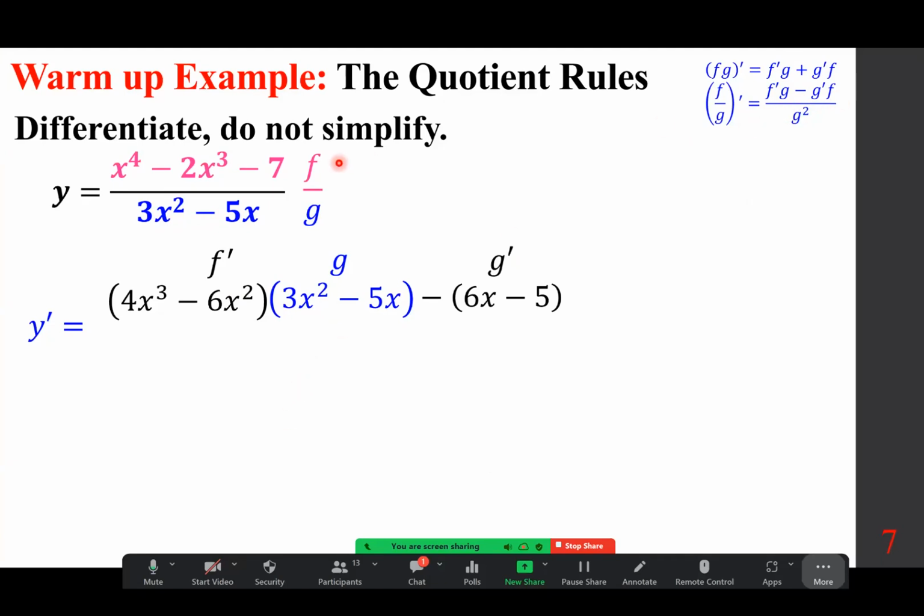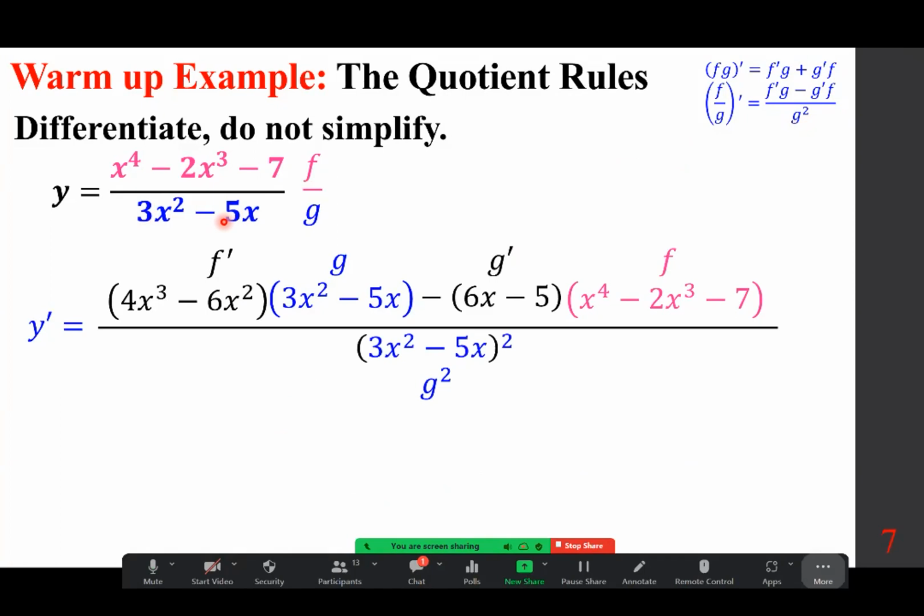And then we're going to put next to it f, the top function, the numerator. And then the bottom, simply you write this in a parentheses and square it. That's all you have to do. Again, this requires simplification. This is the only calculus step, and you need to take a couple more steps to finish the job. But the purpose of this is to show you just how to apply the very first step, which is a calculus step. So this is the only calculus step for this quotient rule.